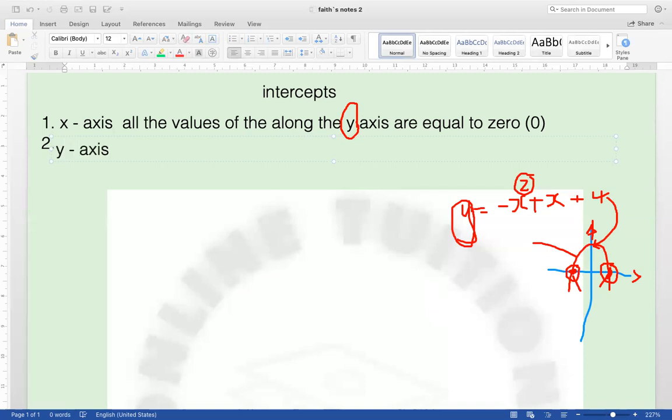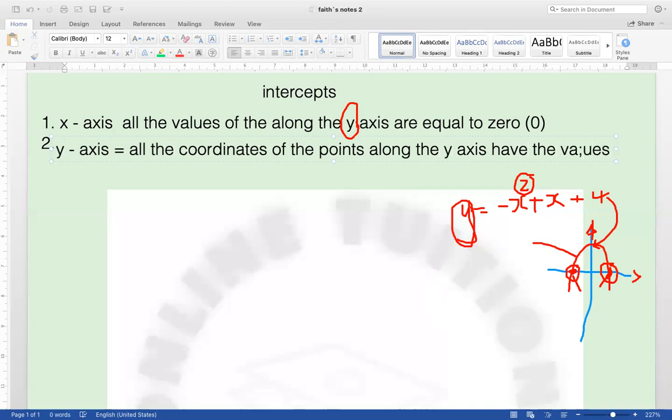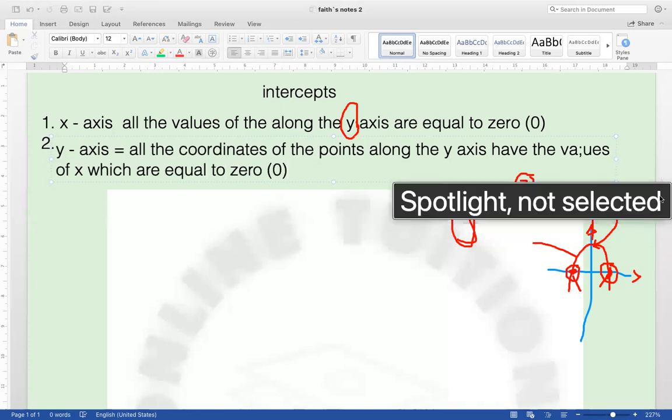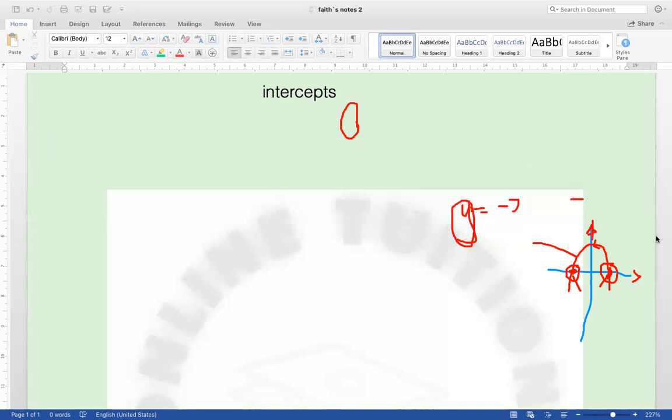We are saying that the coordinates of the point along the y-axis have the values of x which equal 0. This point was also exhausted. And how best can you explain this?